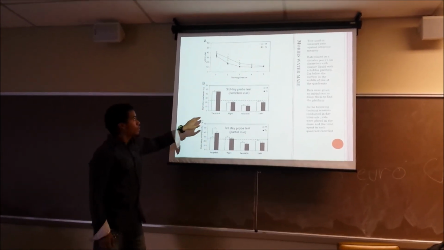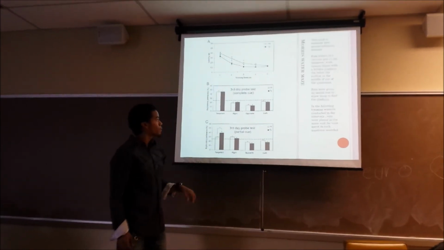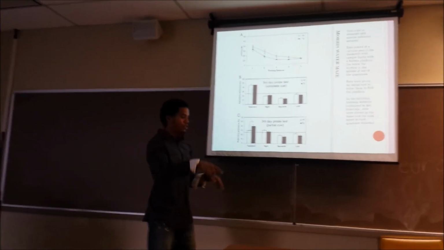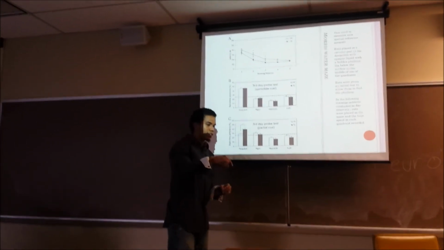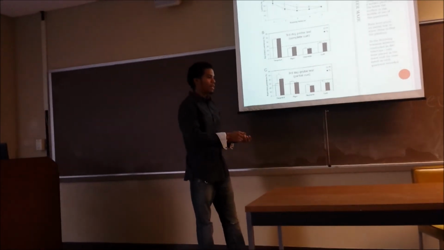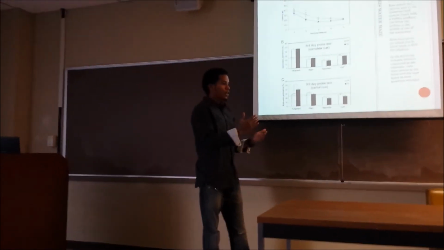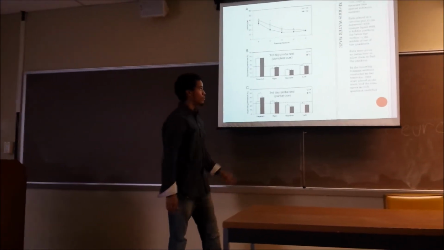What they did was they had cues around the Morris water maze, so that the rats can identify them, and when they put them back in the maze, they can identify certain parts to see if they can figure out where the platform was before, to see if they remember the cues.